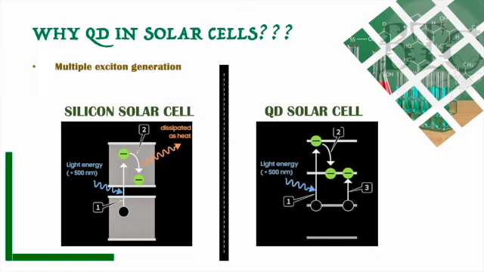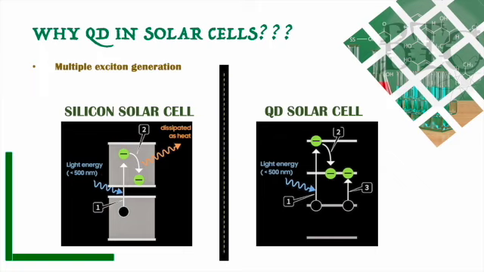The electron absorbs, gets excited, jumps up to a higher energy level, comes downward, that means comes back to the lower energy level, and then another exciton is generated. In other words, the energy of a single photon can be enough to excite two or more electrons in a quantum dot. This multiple exciton generation can significantly improve the efficiency of solar cells.